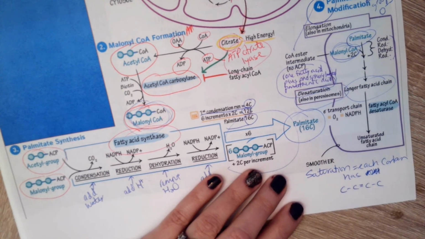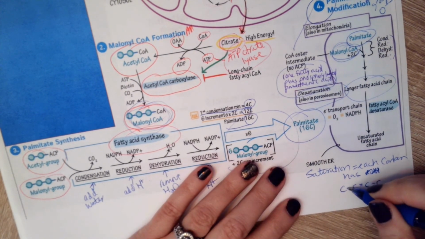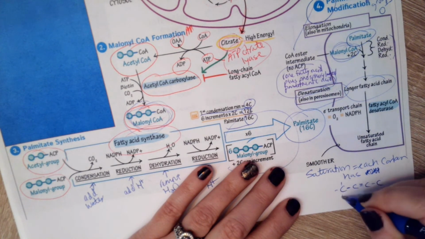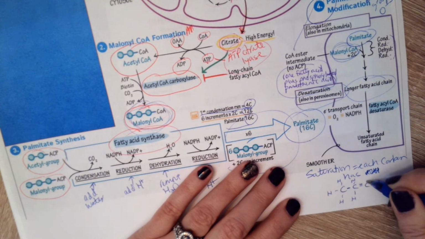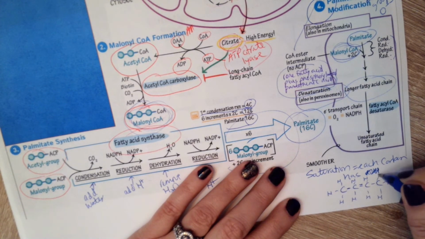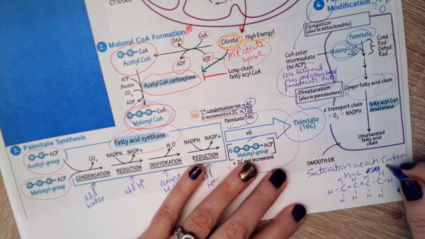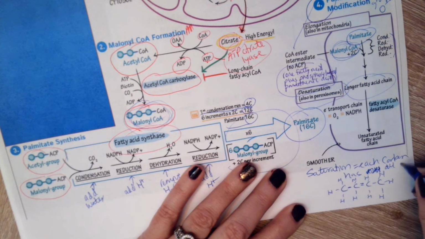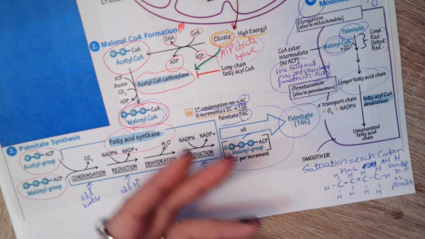We know that each carbon can have 4 bonds. So this carbon has 1, 2, 3, 4. These would all be hydrogens out here. So we essentially have all the bonds filled up with hydrogens.